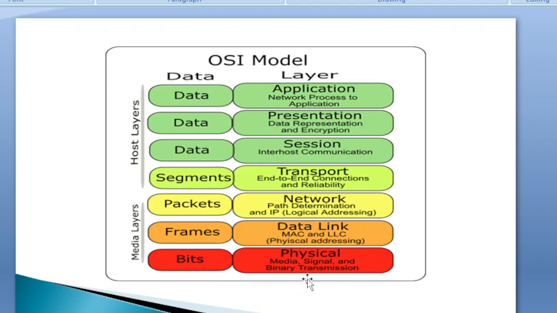The base level is the physical layer. Here the data unit is in the form of bits. At the next level it is converted into frames. At the network layer the data unit is packets, then segments at the transport layer. All the layers above consider the data unit as message or data.